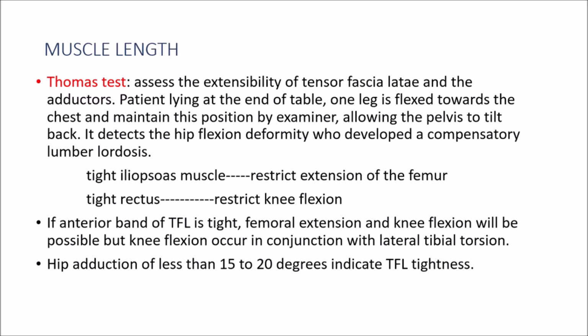If full femur extension and knee flexion occurs, but the knee flexion is possible only with lateral tibial torsion. If hip abduction of less than 15 to 20 degrees is present, it may indicate that there is a tightness of the tensor fasciae latae and the iliotibial band.